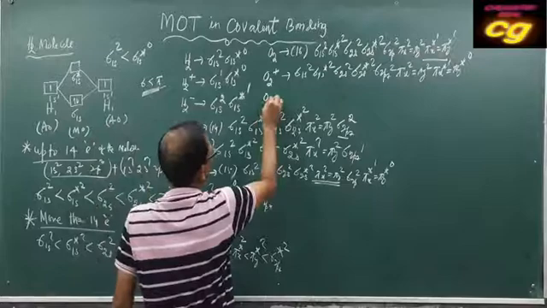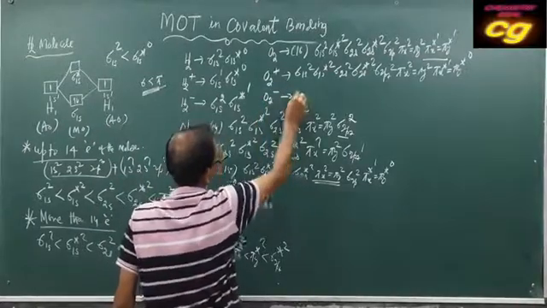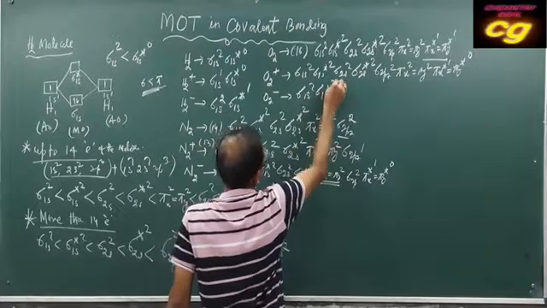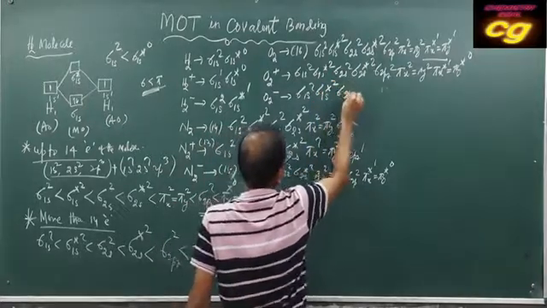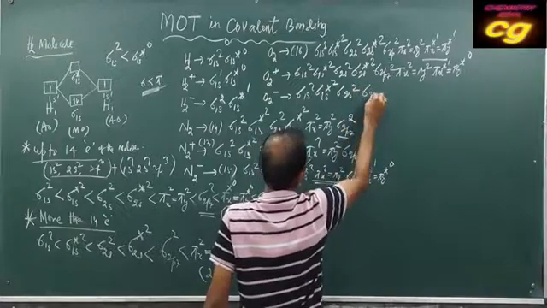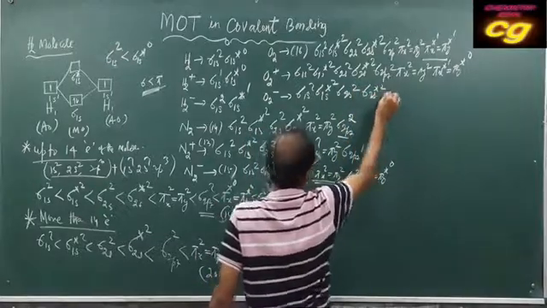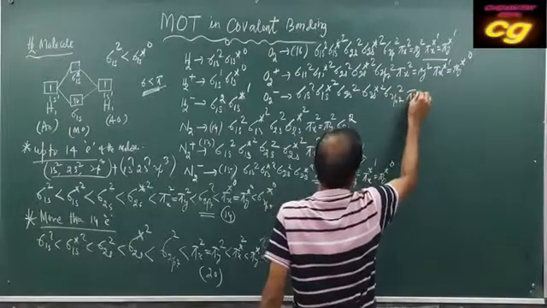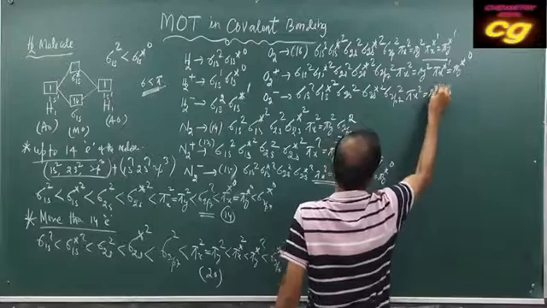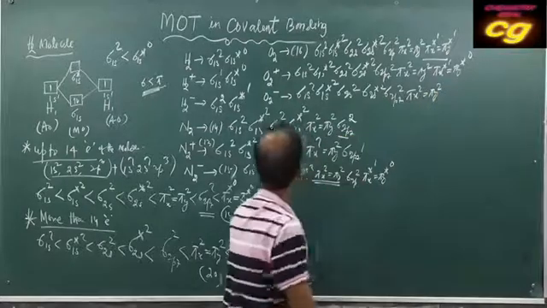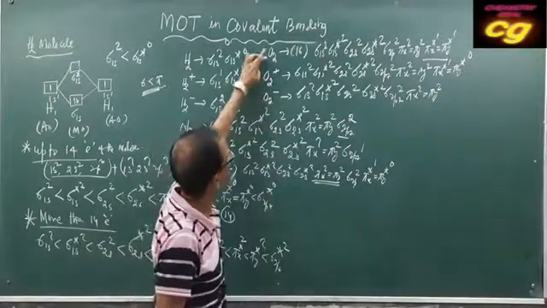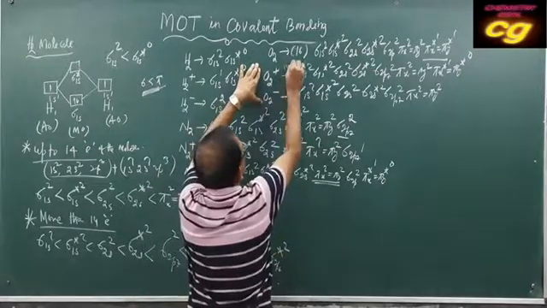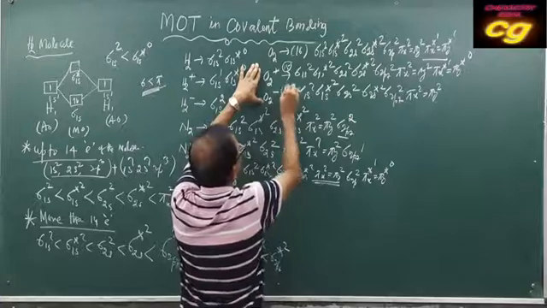Then O2 minus will be sigma 1s2, sigma 1s star 2, then sigma 2s2, sigma 2s star 2, sigma 2pz2, pi x2, pi y2. Then as O2 minus is derived from O2, one electron is more. O2 plus is 15 electrons, O2 minus is 17 electrons.